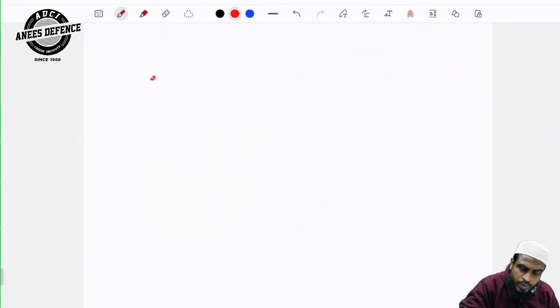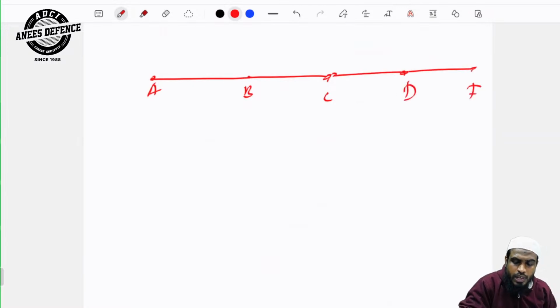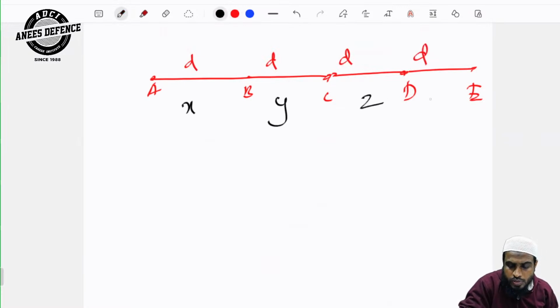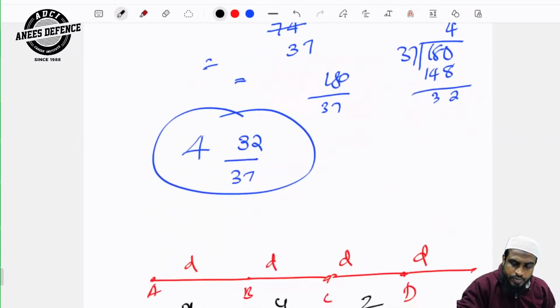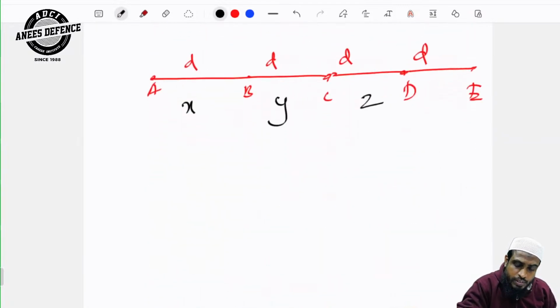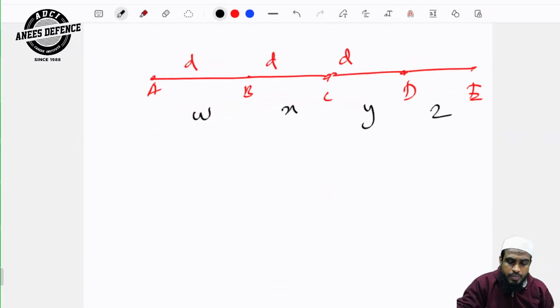So normally, if it goes A to B, B to C, C to D, D to E, like that, and the distance is the same, here the velocity is X, here the velocity is Y, here the velocity is Z, and so on, for example W, X, Y, Z. So average velocity can be written.